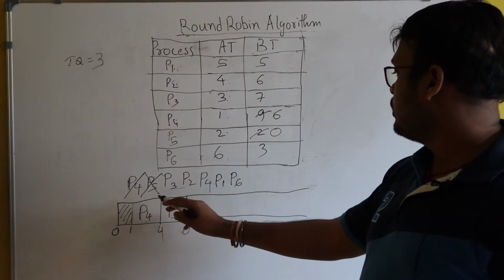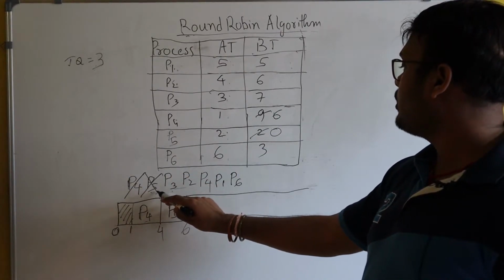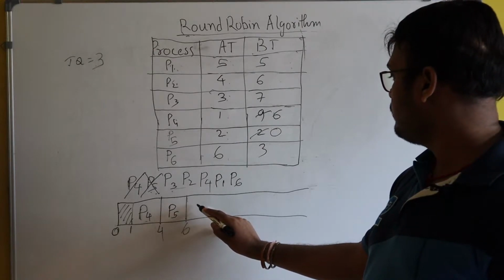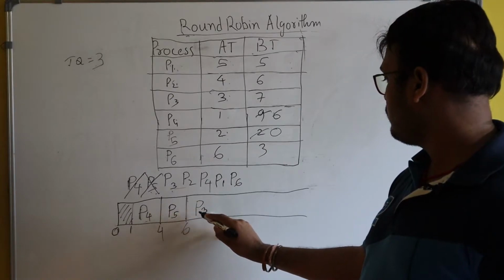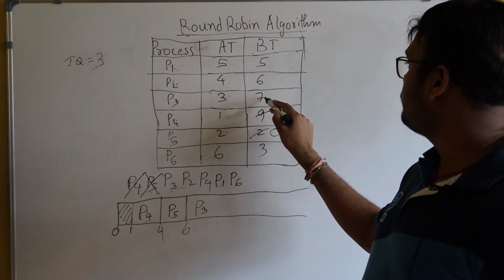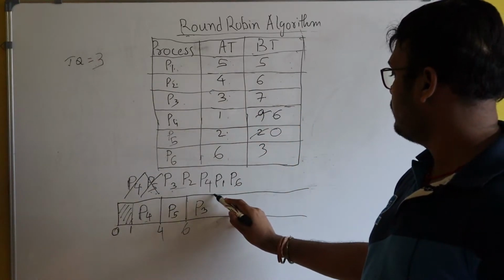Okay. So now after P5, CPU will be given to P3. So here I will write P3. Burst time of P3 is 7 seconds, but it will run for only 3 seconds because time quantum is 3.